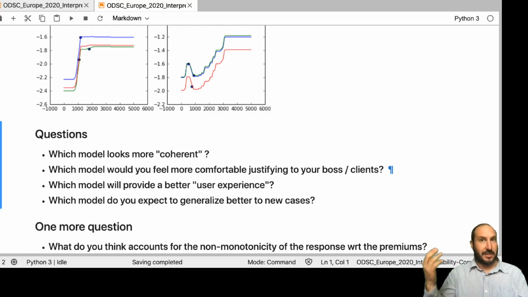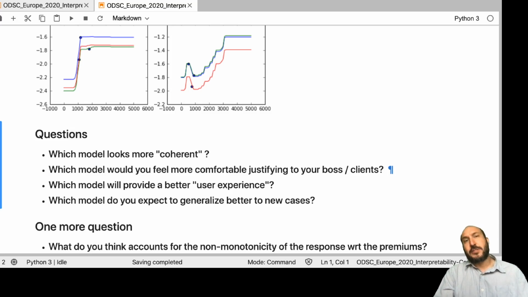One's 15%, the other's 20%. Why does a $10 difference in the auto premium make a 5% difference in their buying an umbrella policy? It just doesn't make sense." So the end user of your model will not trust the model very much if it's not coherent.